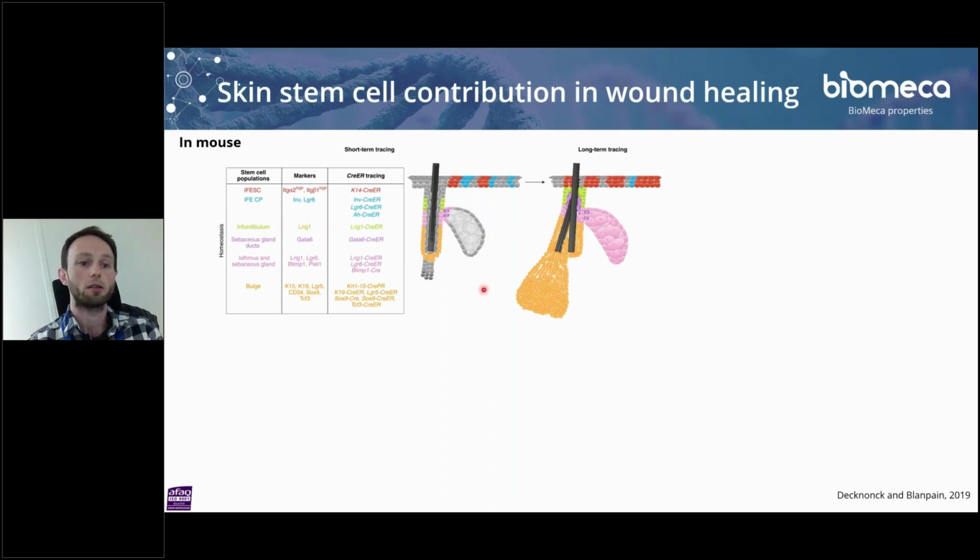And this was demonstrated by the use of a mouse skin model where mice are lacking hair follicles, and this mouse managed to reconstruct an intact epidermis, but with a little delay of time. So these results indicate that stem cells from hair follicle in mouse are not essential for the maintenance of the homeostasis in skin, but only participate.